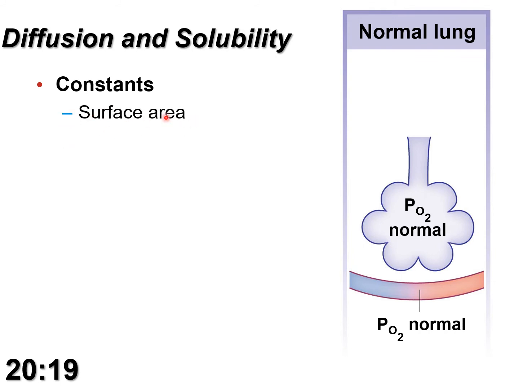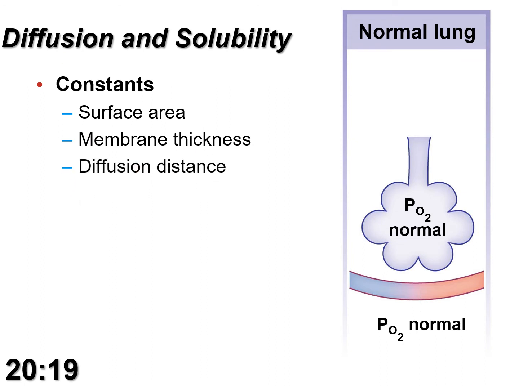For instance, surface area. If surface area declines, we lose the ability to achieve diffusion. Membrane thickness, whether we're talking about fibrosis or buildup of material on the inner surface of the alveolar membranes, can fundamentally influence diffusion. Or diffusion distance, that may be a function of fluid either inside or outside the alveolus that separates the alveolar membrane from the blood plasma. So if we alter any of these, which are normally constants, we don't see these change very rapidly.